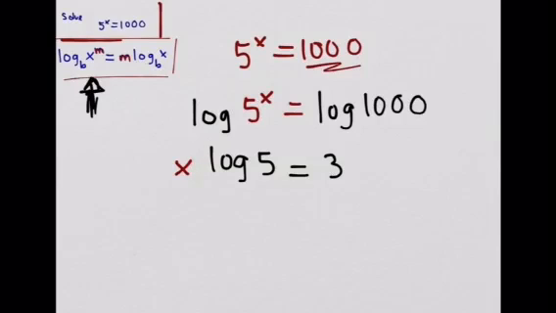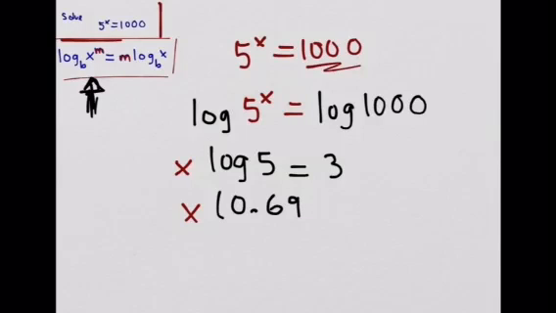Now log of 5, I can find that from the calculator. I'm doing it right now. I find my log button, and I get 0.6989.